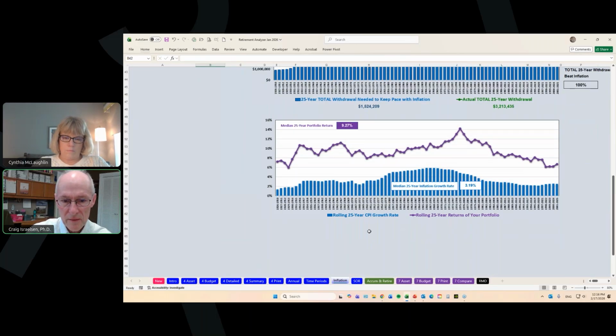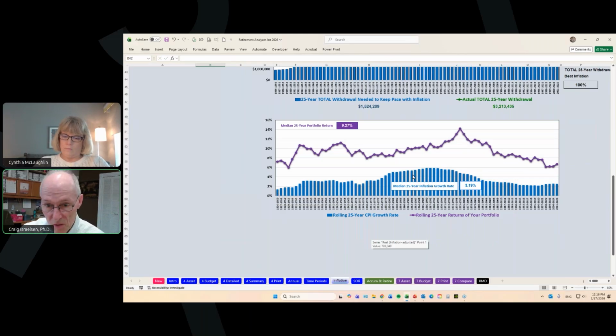Or, viewed differently, here is the median portfolio return each 25-year period. And below that, in the bar graphs, is the median 25-year inflation growth rate. So every 25-year period, you can isolate that and say, okay, what was the inflation growth rate during that 25-year period? What was the median?